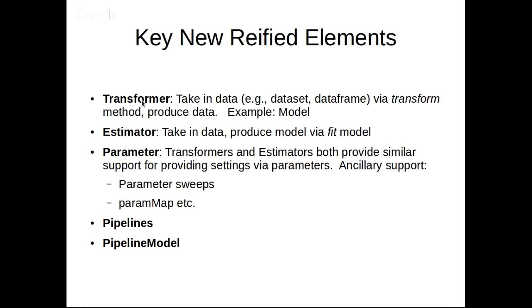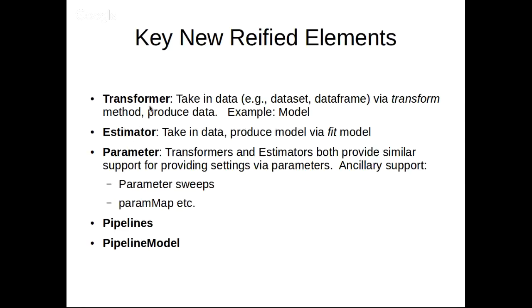The two most central, most important, and most pervasive in their ramifications are the notion of a transformer and an estimator. These constructs are combined together in higher level constructs, such as pipelines and pipeline models, to good effect. So let's just talk about what each of them is.